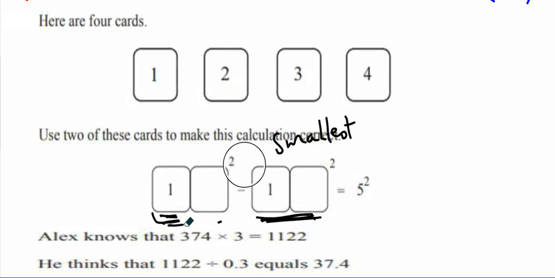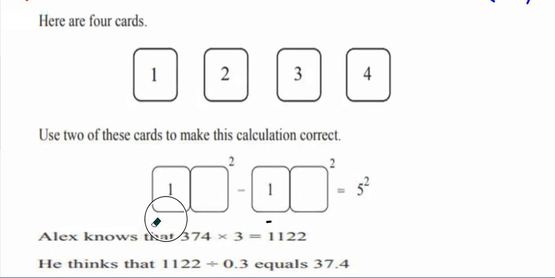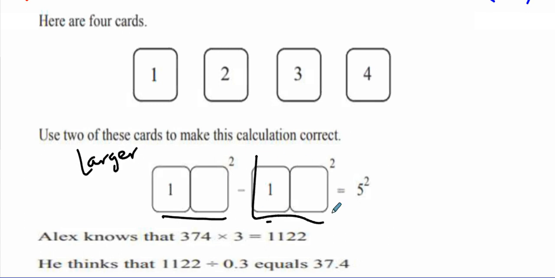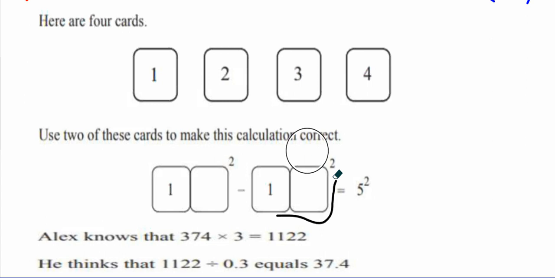So this number should be larger than this number here. So this number should be smaller than this. I hope you got the idea.